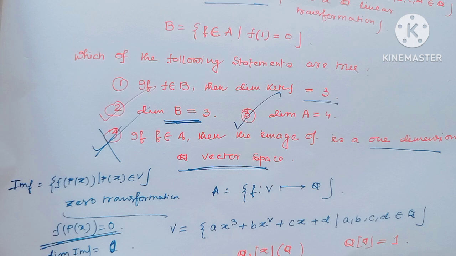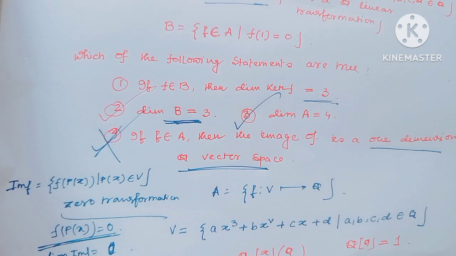And option 1: if f belongs to B, then the dimension of the kernel of f is equal to 3. Is it true?